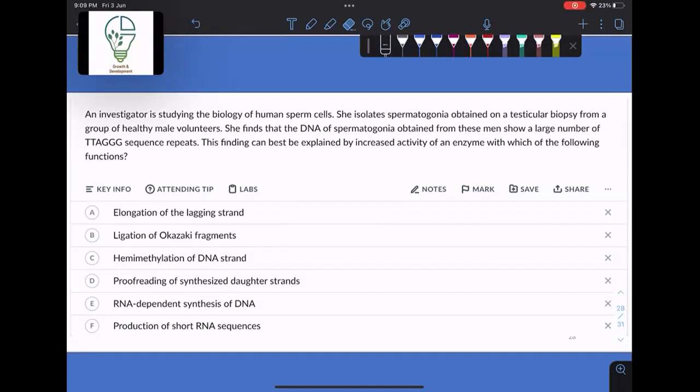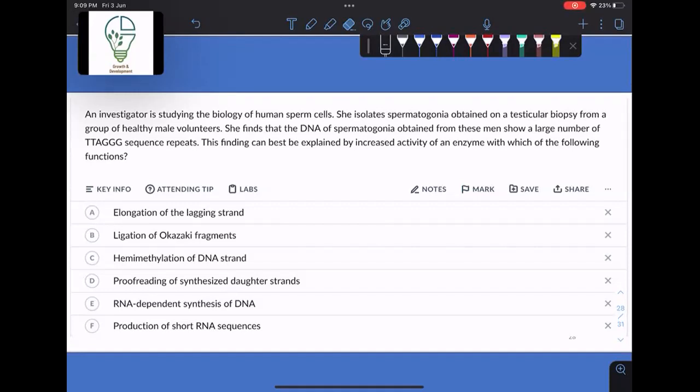All right, so before we go on to the answer, let's just break down the question itself, right? So the scientist is studying a sperm cell, which is a germ cell, right? And it has this repeated number of DNA sequences, TTAGG.